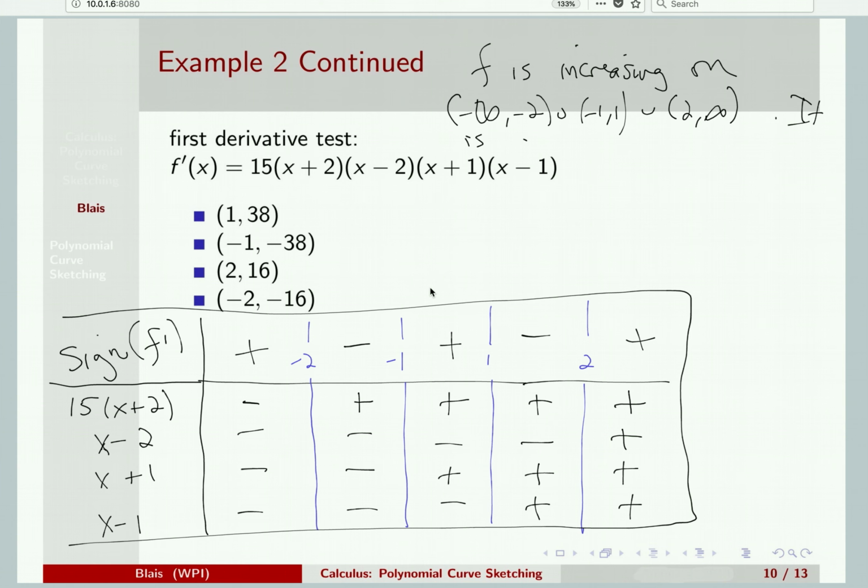Then it is decreasing on the intervals where this first derivative is negative, namely minus 2 to minus 1, and 1 to 2.